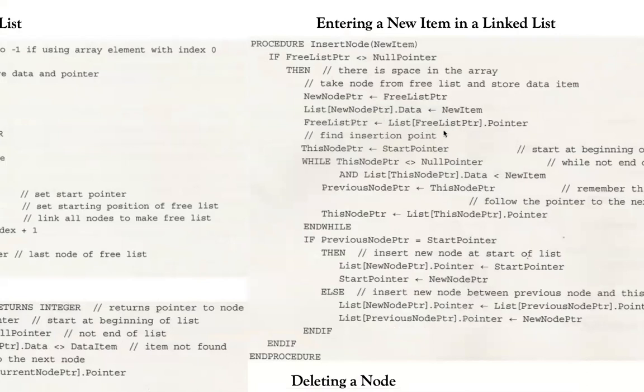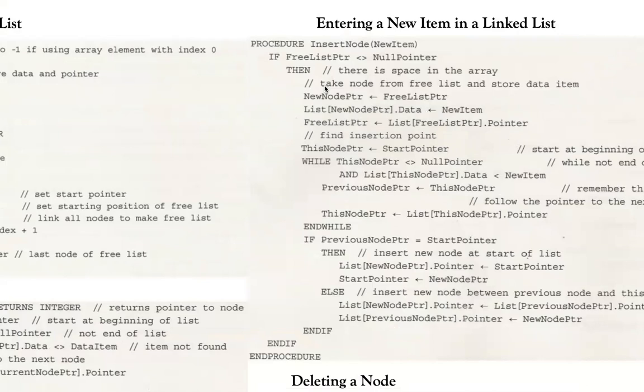You can use either one. So we've used free list pointer. The existing free node's pointer position will tell you that the next free node is this one. So what we do is take that pointer and assign it to the free list pointer to point towards the next available free node.